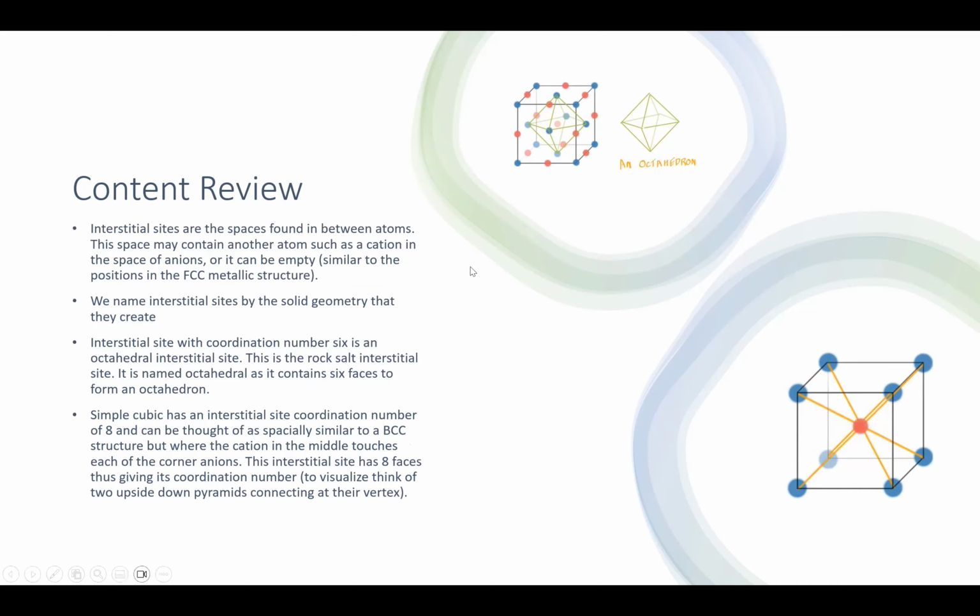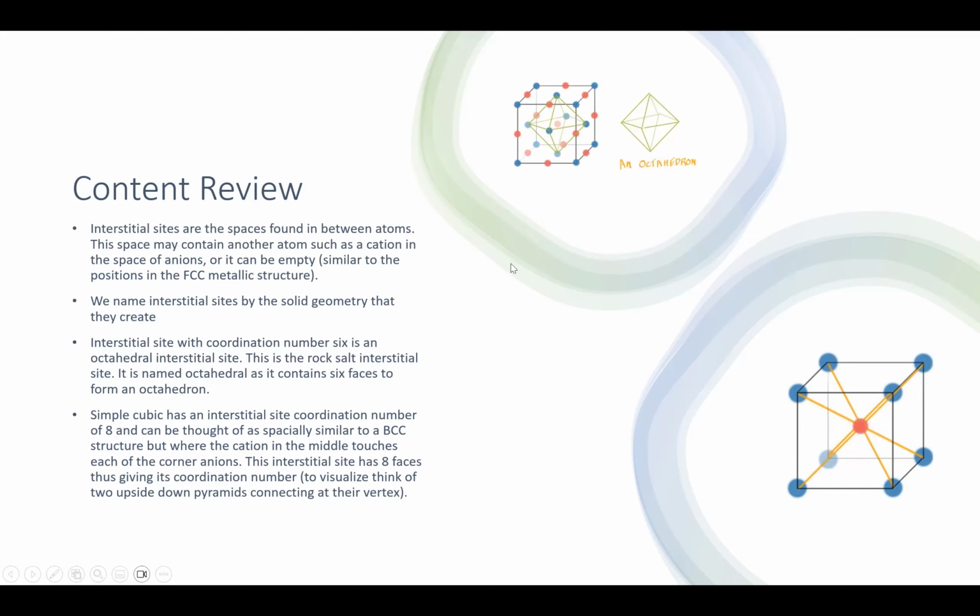So interstitial sites are the spaces found in between atoms. This space may contain another atom, such as a cation in the space of anions, or it can be empty, similar to the positions in the FCC metallic structure. So you can see how the anions take up the space, or the cations take up the space.